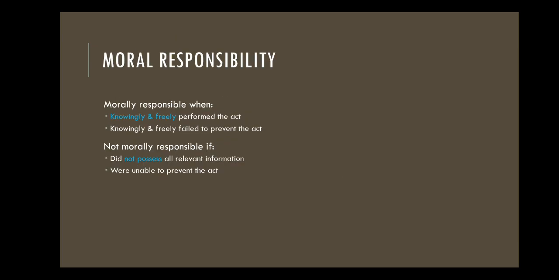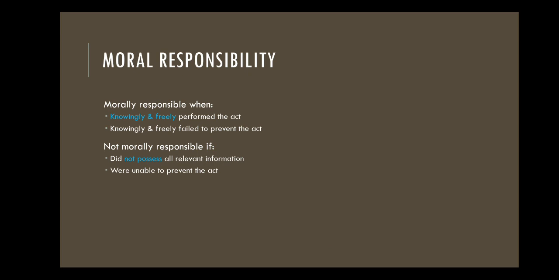Okay, let's see moral responsibility. A person is morally responsible when they knowingly and freely perform the act, and knowingly and freely fail to prevent the act. If a person does not know about the action, or is forced to do it, then they cannot be held morally responsible.